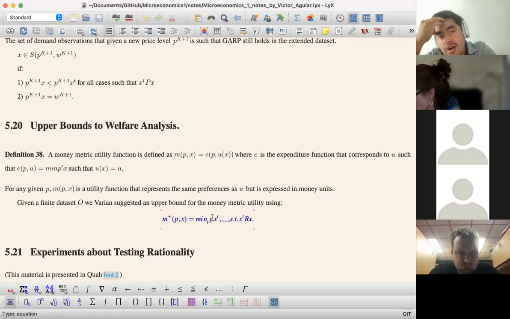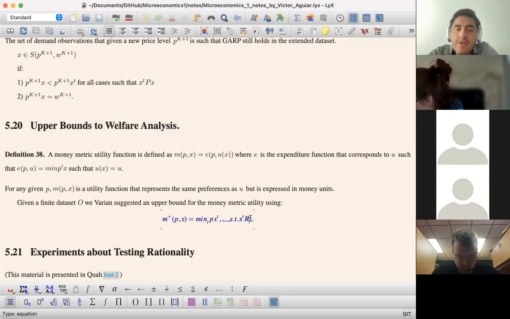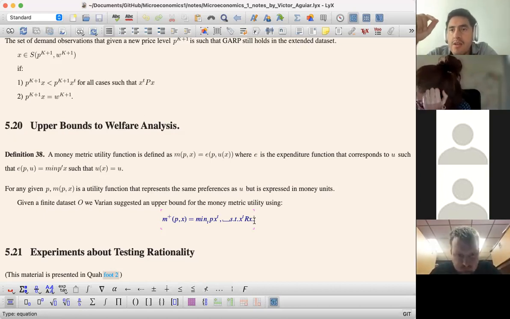Now you can also do a lower bound, right? It's very easy to define. Instead of using the xt superior to R, you can instead maximize, but on the lower contour set. I'm not gonna do this here because that's not the objective.